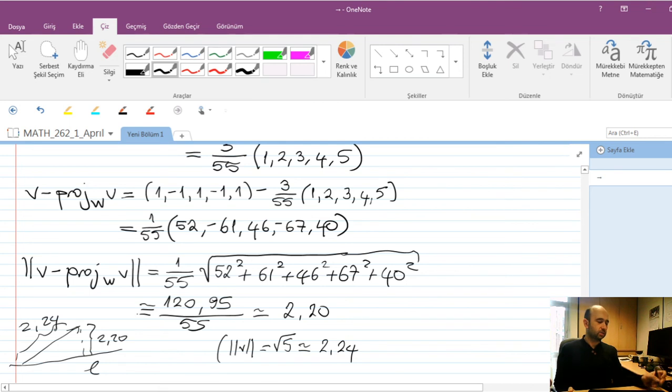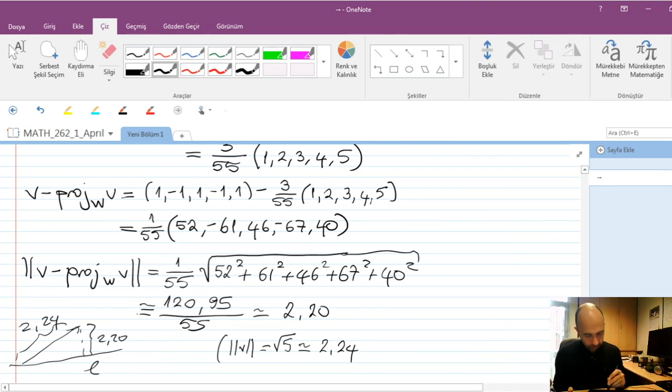So at least it doesn't violate our senses. I mean, this length should be shorter than that one, but it's very close. So this means the angle should be kind of large. I mean, it should be close to a right angle.